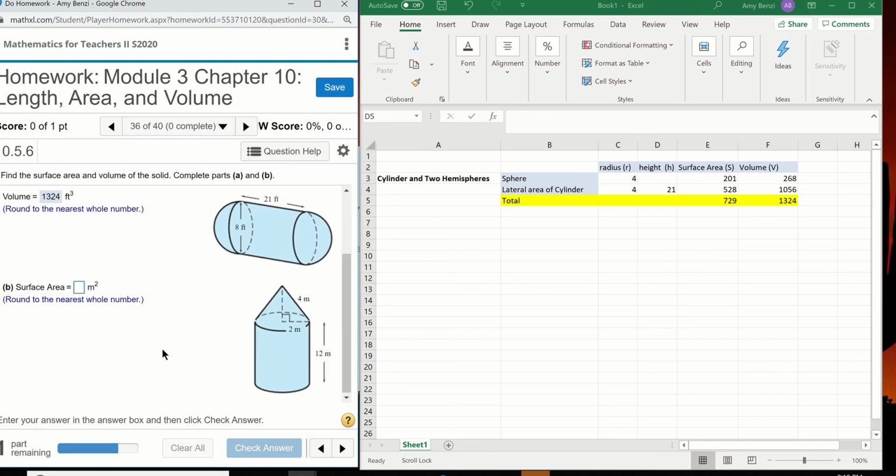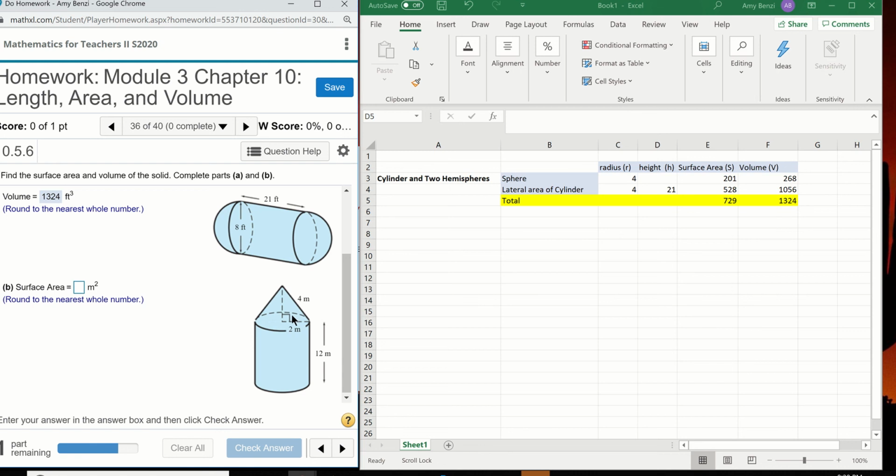For the next piece, you do the same thing here, except you're going to have different formulas. You're going to keep the formula for the lateral part of the cylinder, that stays the same, but instead of calculating 2 semi-spheres, you're going to calculate the area of a cone.